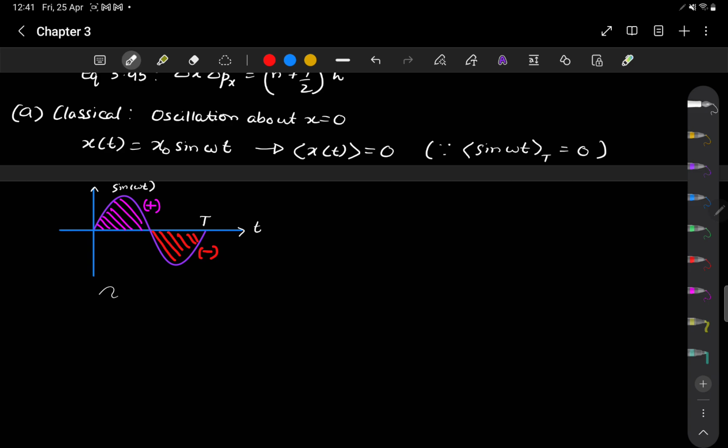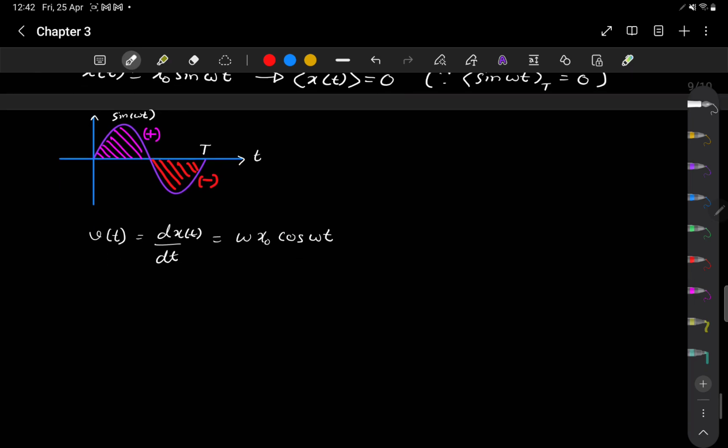Now let us look at momentum. For that we need to find the velocity. Velocity is nothing but the derivative of position, which is the following. Now momentum is mass times velocity, which is m omega x naught cos omega t.